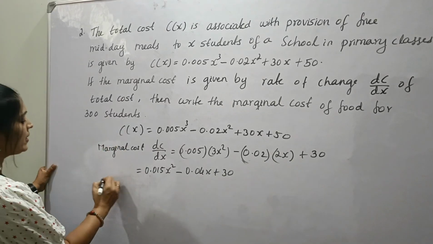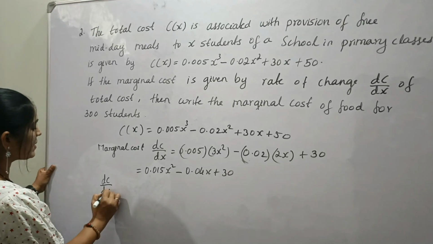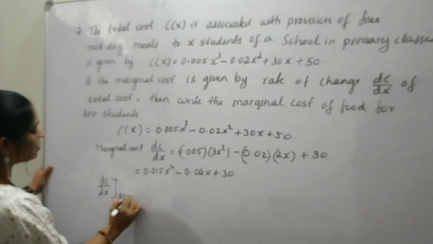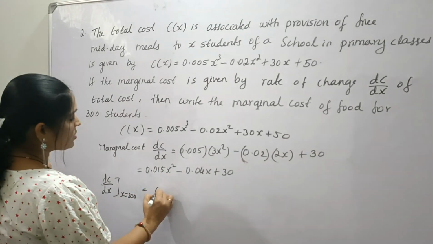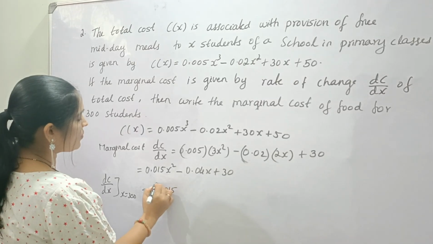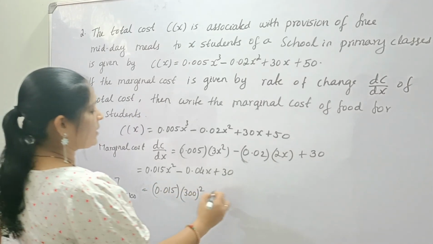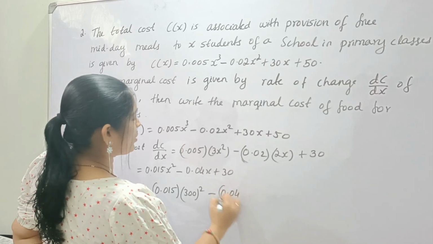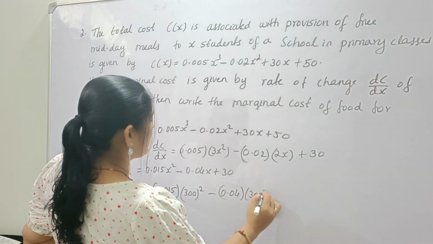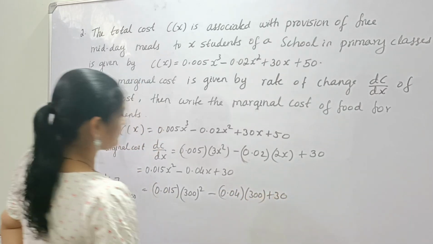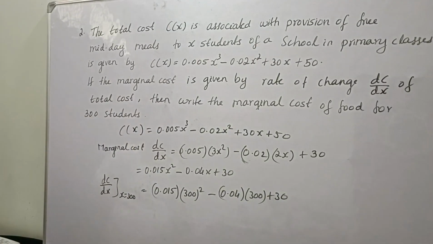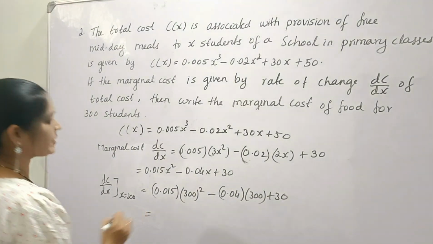So dC/dx when x = 300 is 0.015 into 300² minus 0.04 into 300 plus 30.